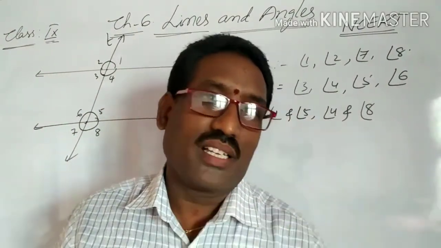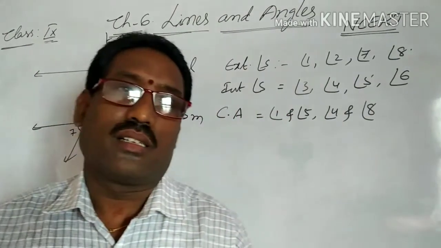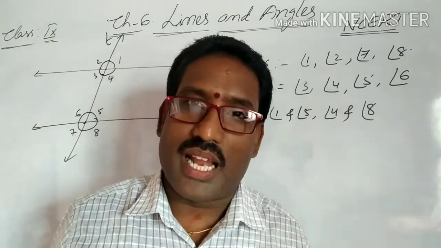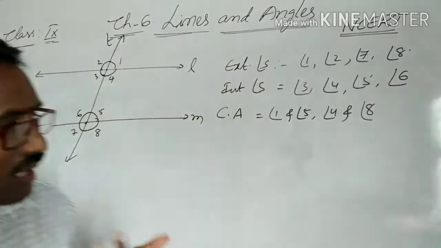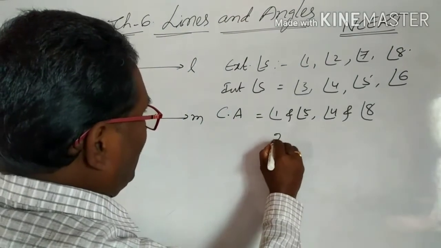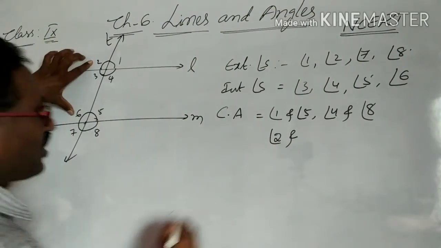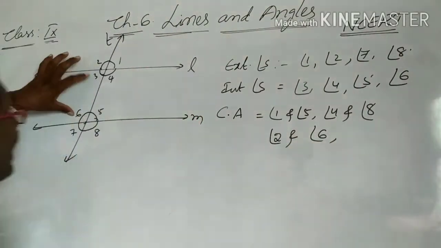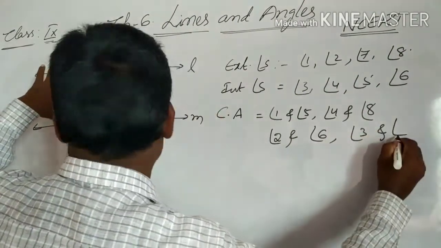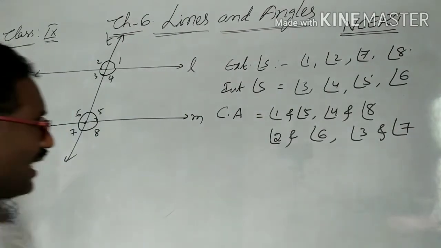One is an interior angle, one is an exterior angle, on the same side, but not adjacent. Next, angle 2 and angle 6. Next, angle 3 and angle 7. Those are the corresponding angles.